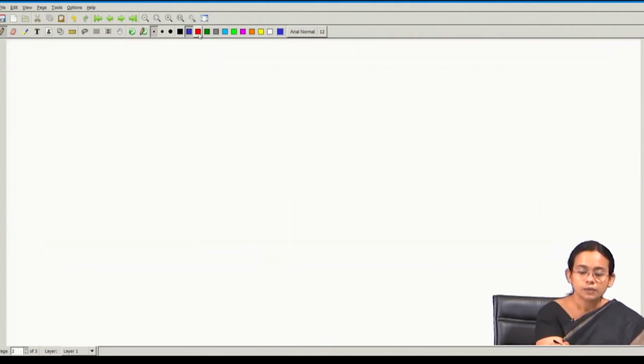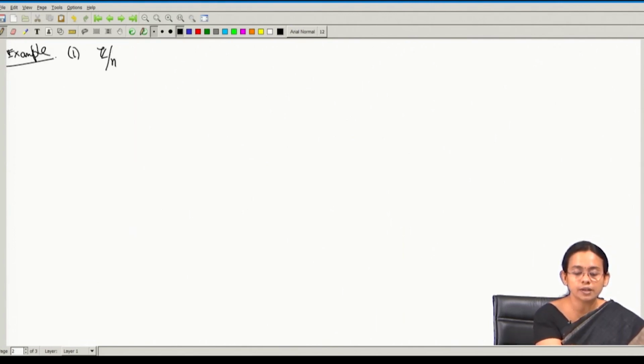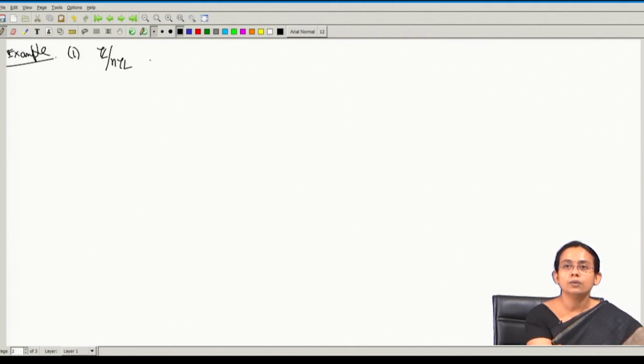Let me start with some examples of quotient rings. The easiest example of a quotient ring is Z quotient nZ. Here I know that Z is the ring of integers and nZ is an ideal, and this Z quotient nZ is nothing but the congruence classes modulo n, and you know already the addition and multiplication operations defined on this one.